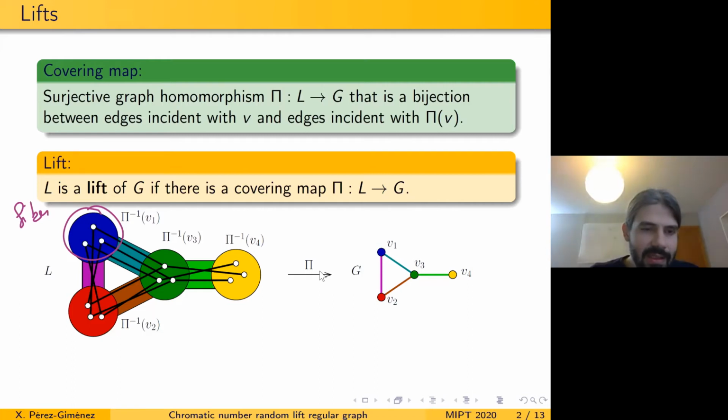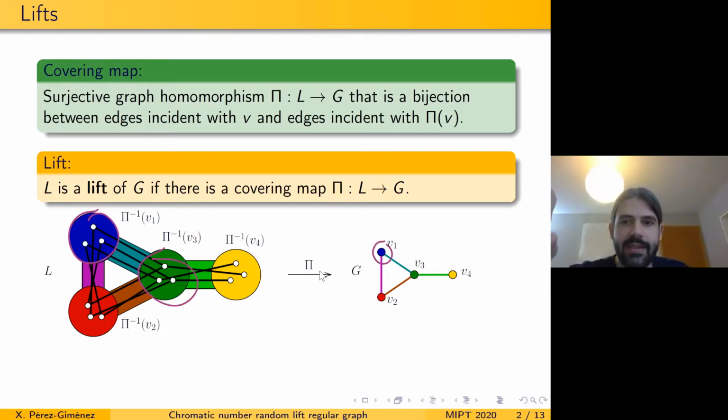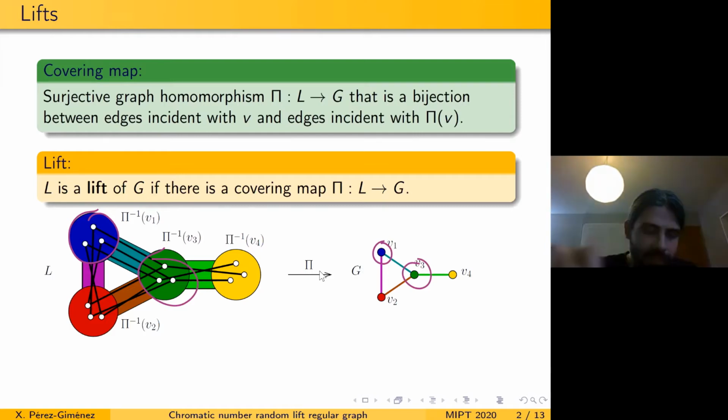As you can see, all the fibers contain the same number of vertices, and for each two fibers that correspond to adjacent vertices in the base graph, I have a perfect matching.